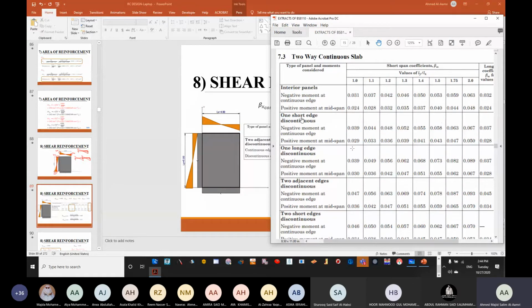Remember this one? There is exactly the same table, but not for the moment. It's going to be for shear force. There is another table with exactly the same type of cases, but it's going to be for the shear force.